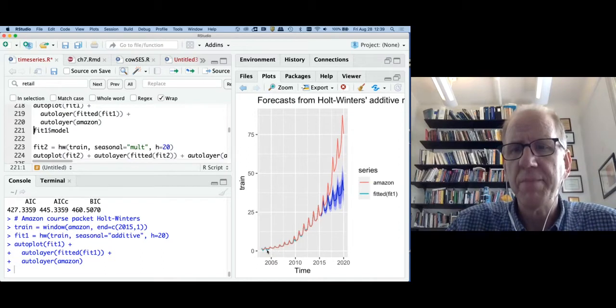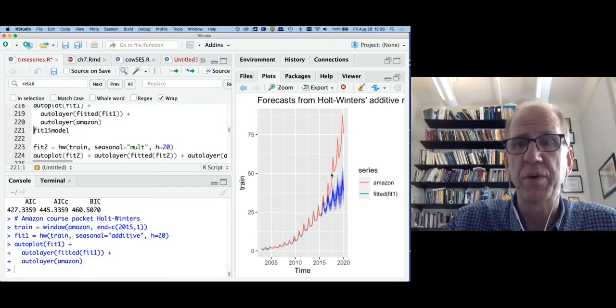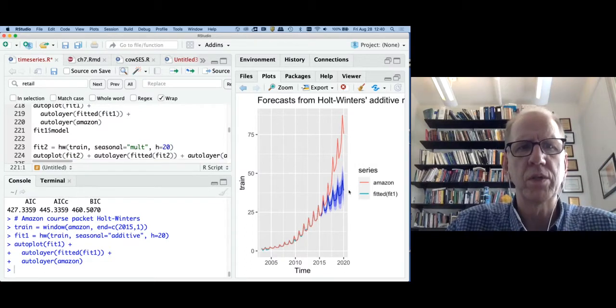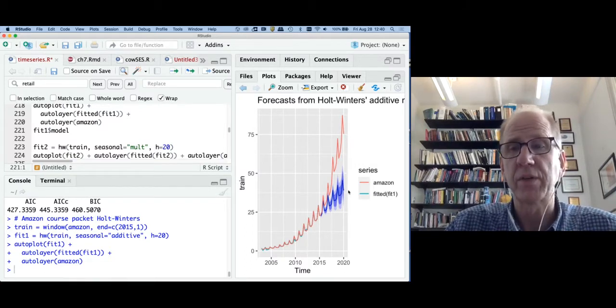So what's happening here is there's really exponential growth, but the basic Holt Winters model is not accounting for that exponential growth. So what we see is basically a continuation of the trend that we saw in the most recent couple years, linearly out into the future, as opposed to exponentially out in the future. This Holt Winters additive model is not very good.